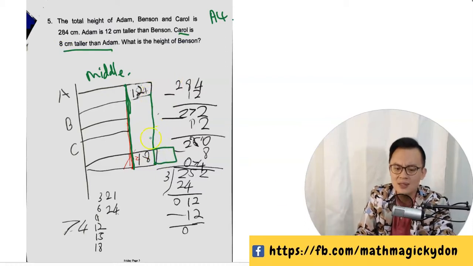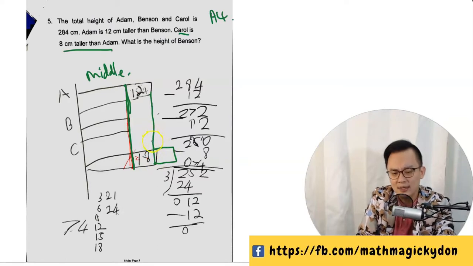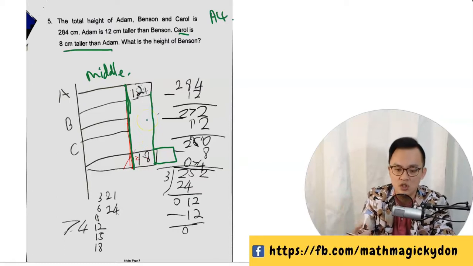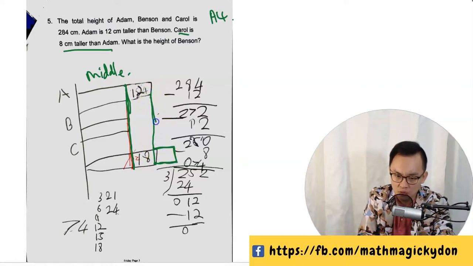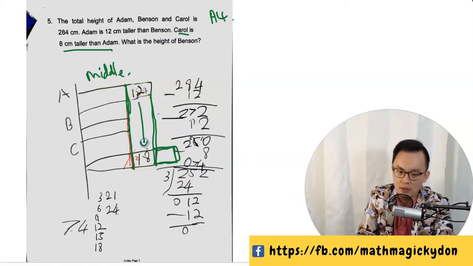This is actually a case where you can tell she just tried to draw, like the teacher asked me to draw, so I just draw to show the teacher that I can do it. So make sure when C is longer than A, you reflect it down and draw this extra part over here, and then this 12 will reflect down and you can draw the 12 over here.